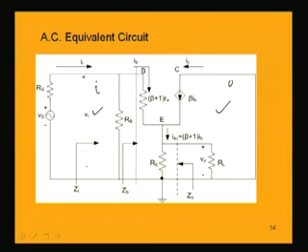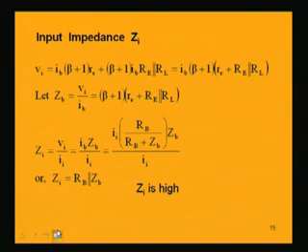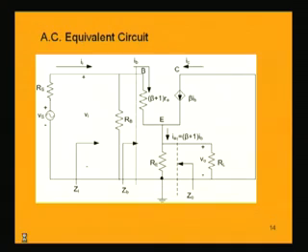So, if we look from this side, Zi, we will have to get the input impedance considering this circuit, but you have to be careful, because here the input circuit has Rb as well as this resistance (beta plus 1) Re, and there are two resistances in parallel, not only single Re. That point has to be carefully noted, that at this point we have the two resistances Re and Rl in parallel.